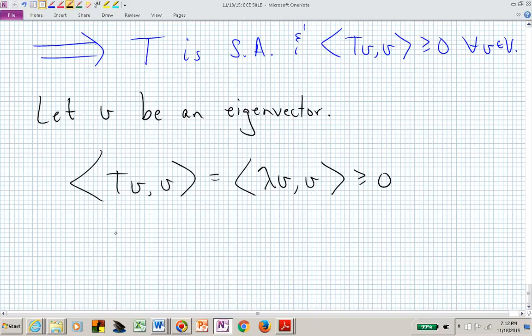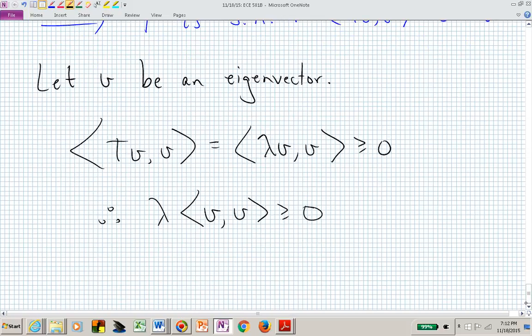Therefore, when we factor lambda out, in terms of the homogeneity of the first slot, we now have λ<V, V> greater than or equal to 0. We know that the inner product of V with itself is the norm of V squared.